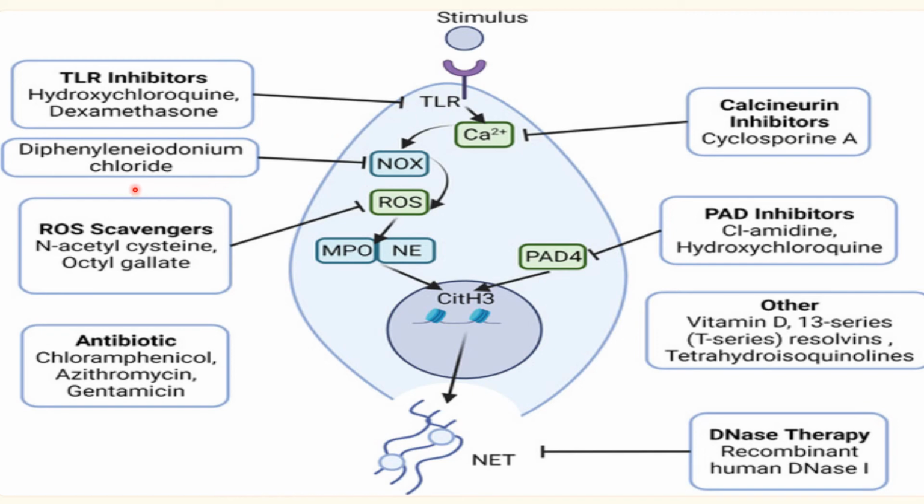We have also diphenylene iodonium chloride, which works by inhibiting the NADPH oxidase enzyme, which is also called NOX. And also we have reactive oxygen species scavengers to decrease the production or the availability of reactive oxygen species that will cause degranulation of neutrophil granules and release of their enzymes like neutrophil elastase that will go to the nucleus and start the process of NETosis.